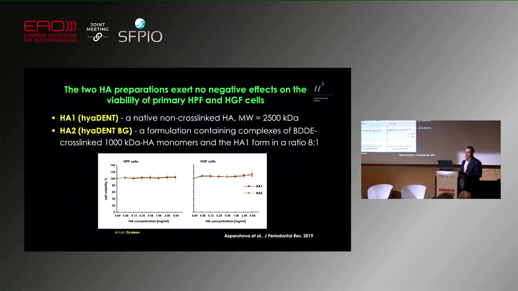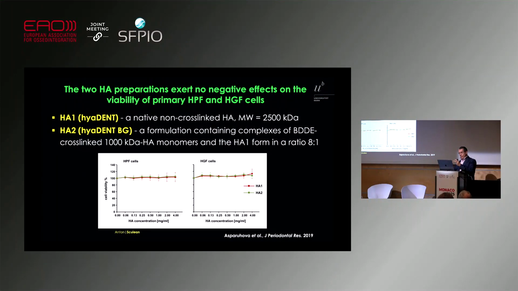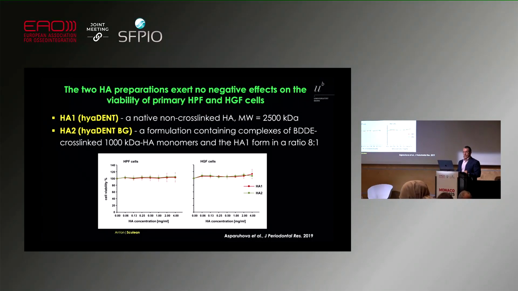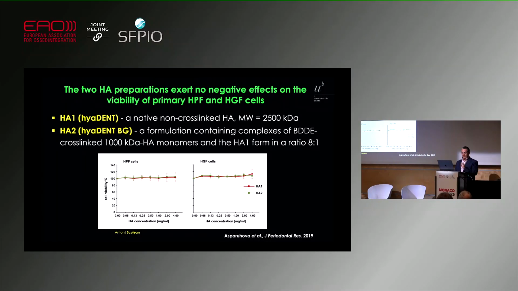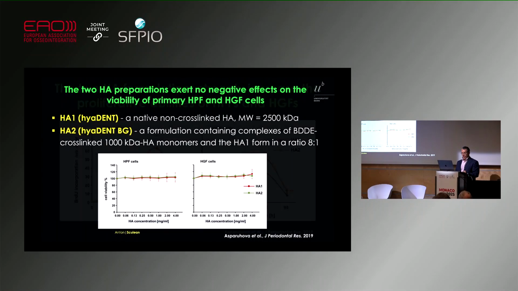What we did was look at the effects of two formulations of hyaluronic acid, one cross-linked, large molecular weight, and another formulation that was not cross-linked, on the features, migration, and proliferation of soft tissue cells, primarily periodontal ligament cells and gingival fibroblasts. First, we found out that the hyaluronic acid preparations didn't exert any negative effect on the viability of the cells.